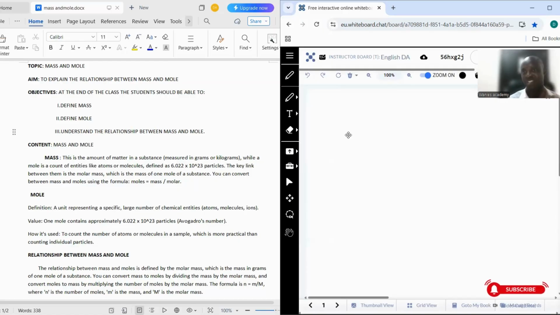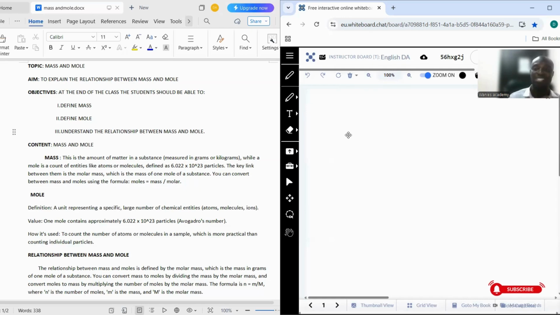Such a quantitative unit containing a designated number of particles in chemistry is referred to as a mole.